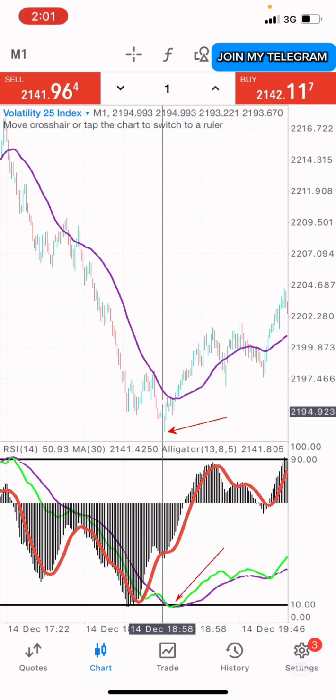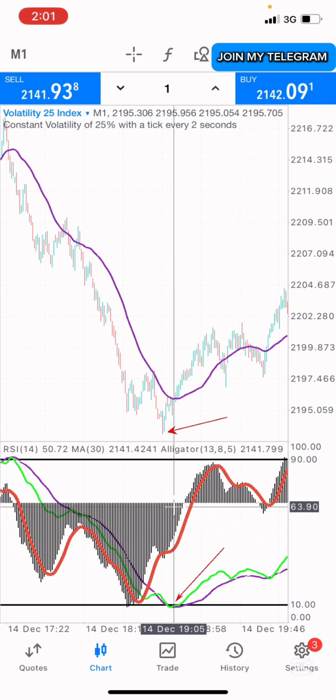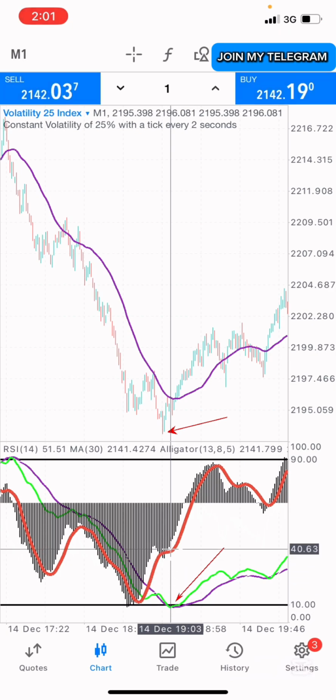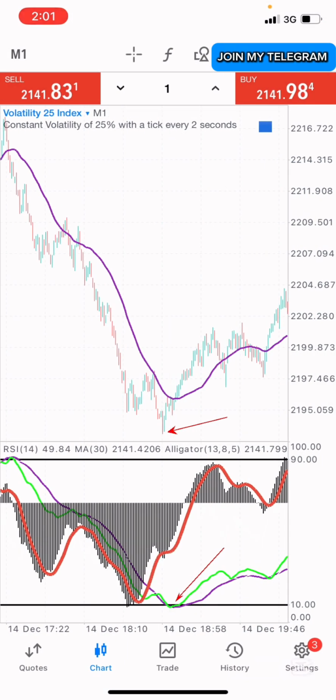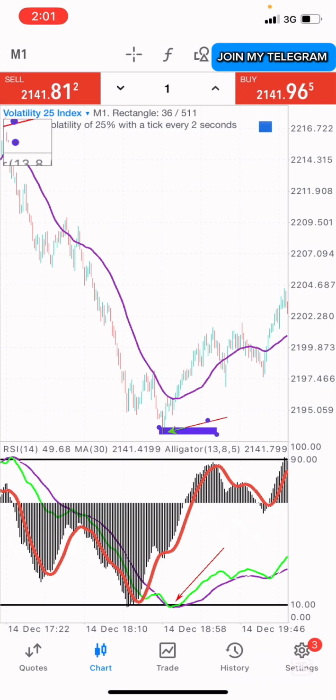This is the crossing at this point in time, right? Take a look. Sorry guys, this is the crossing here.